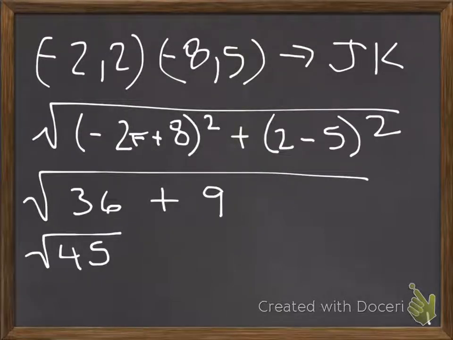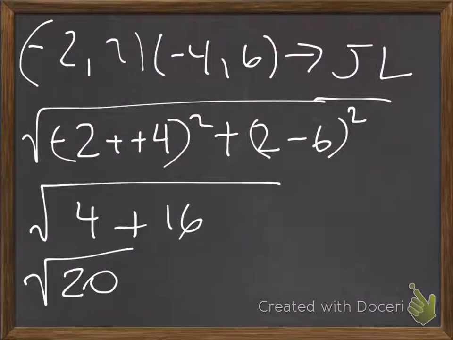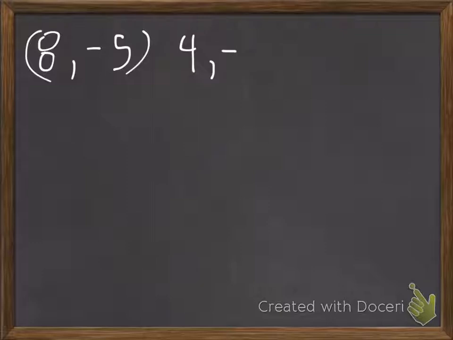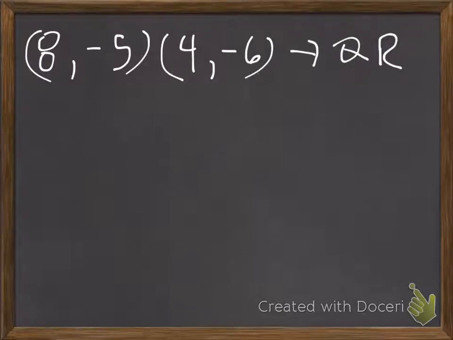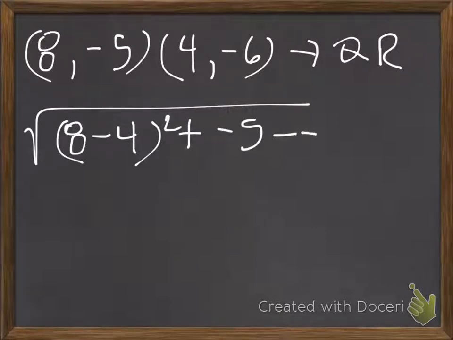That does match JK, so that's one set of matching sides. Then we have QR. That's 8, negative 5, 4, negative 6. We have 8 minus 4 squared plus negative 5 minus negative 6 squared.